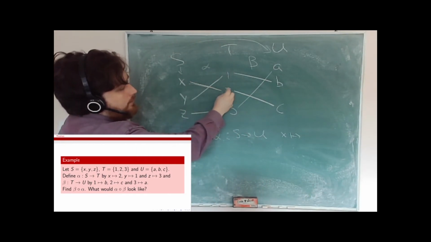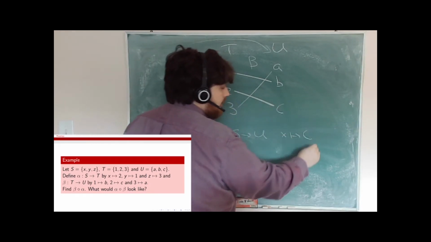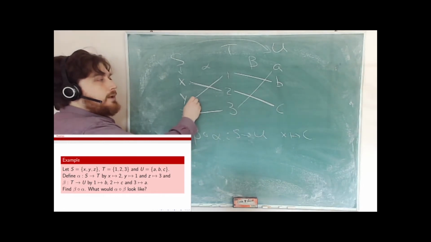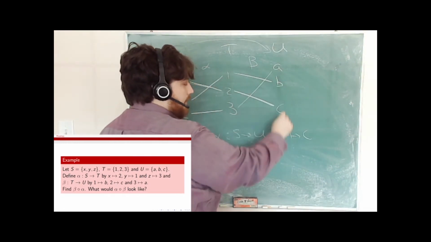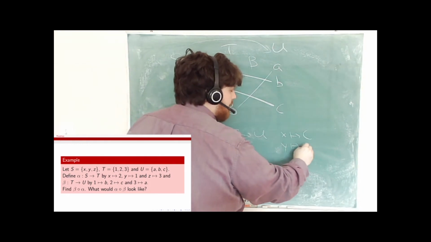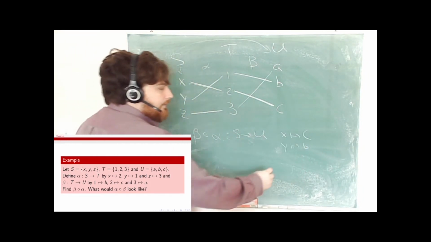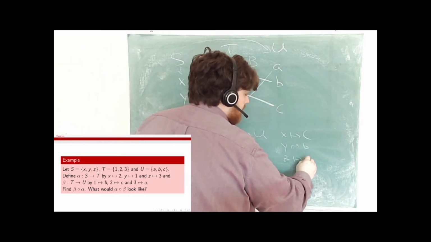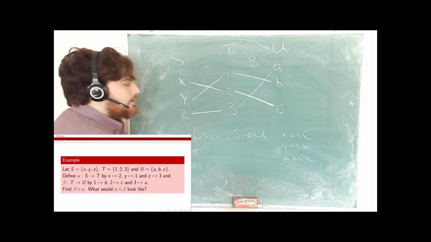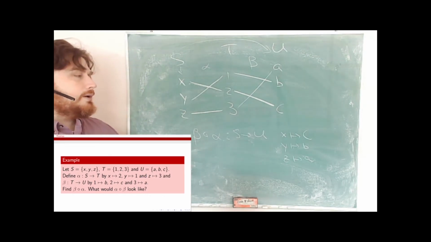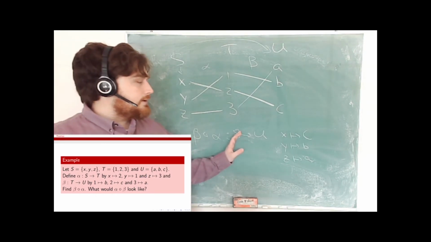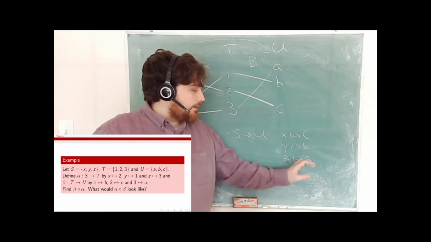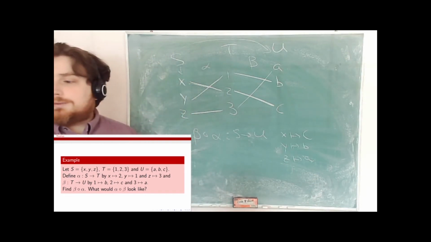X went to 2, and then 2 went to C, so I started at x and ended at C. If I look at y, I went from y to 1 to B, so y is going to map to B. And if I look at z, z is going to map to 3 to A, so z maps to A. So what I get is that beta of alpha is the mapping which sends elements from S to elements of U, which sends x to C, y to B, and z to A.